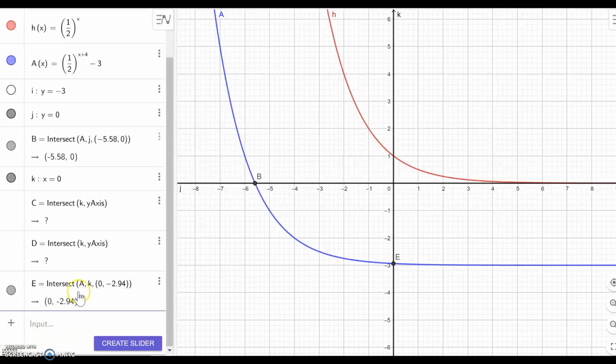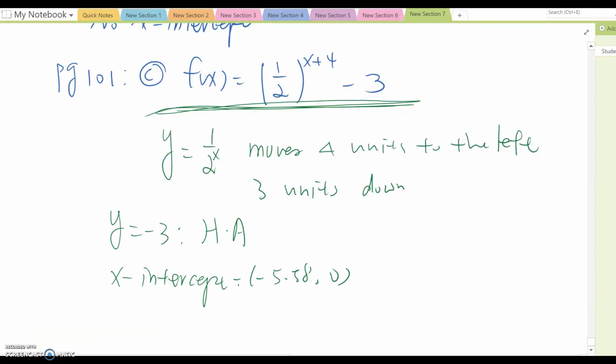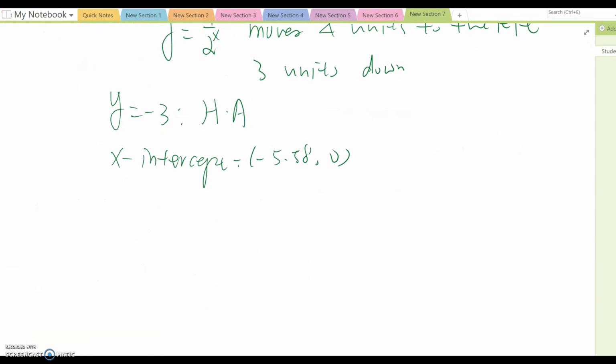And this point is (0, -2.94). Okay, but the more important thing is how this function transforms from the original function basically. Okay, so that's the lesson.